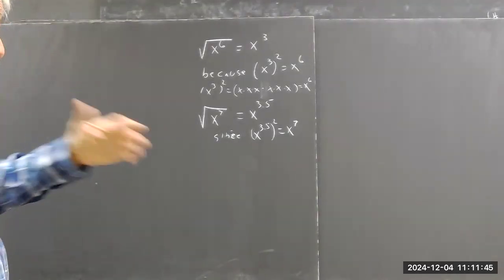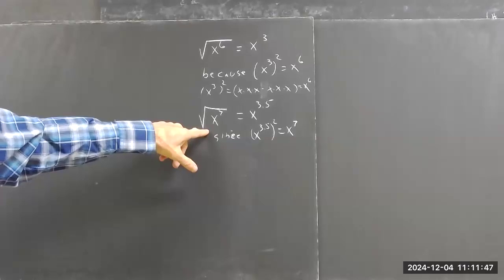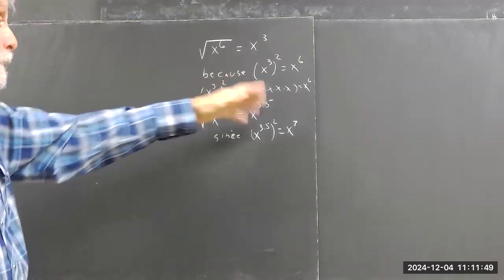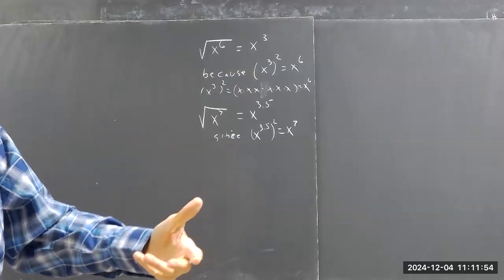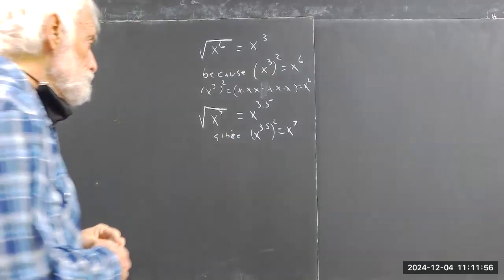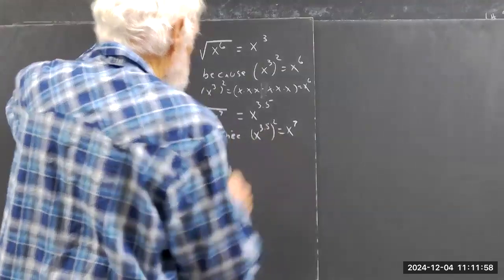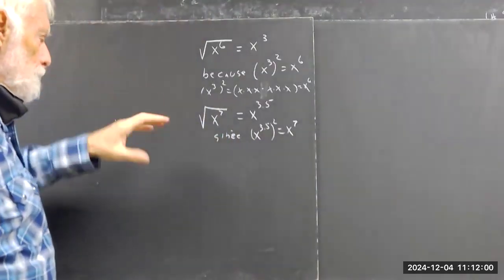But that's not really what we want when we simplify this. Sometimes we do work in decimal and fractional exponents, but we're not touching that here. Unfortunately, we should be able to do that, but we simply can't.